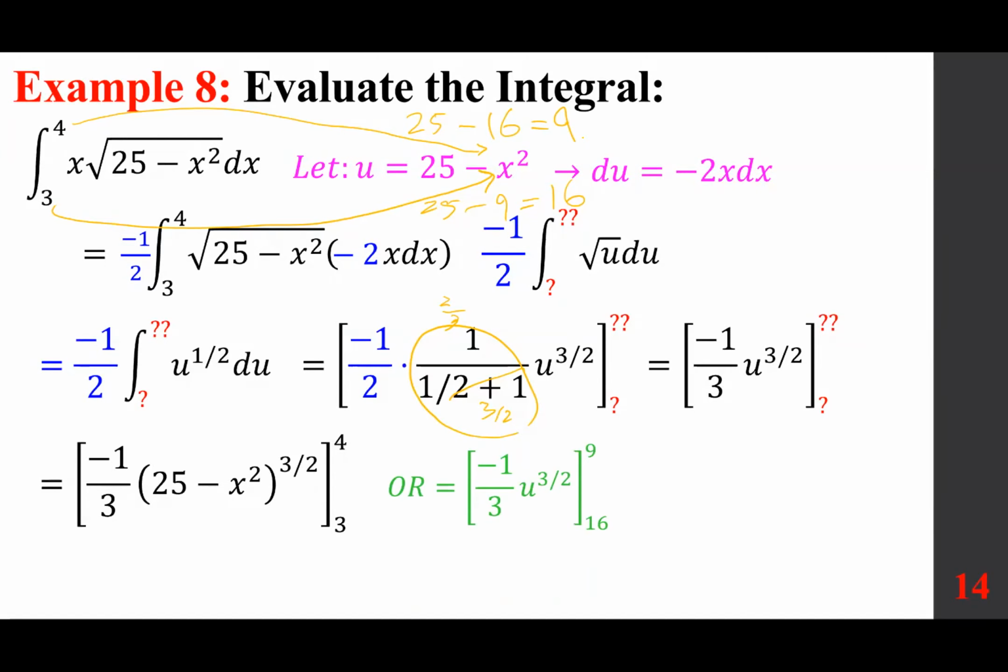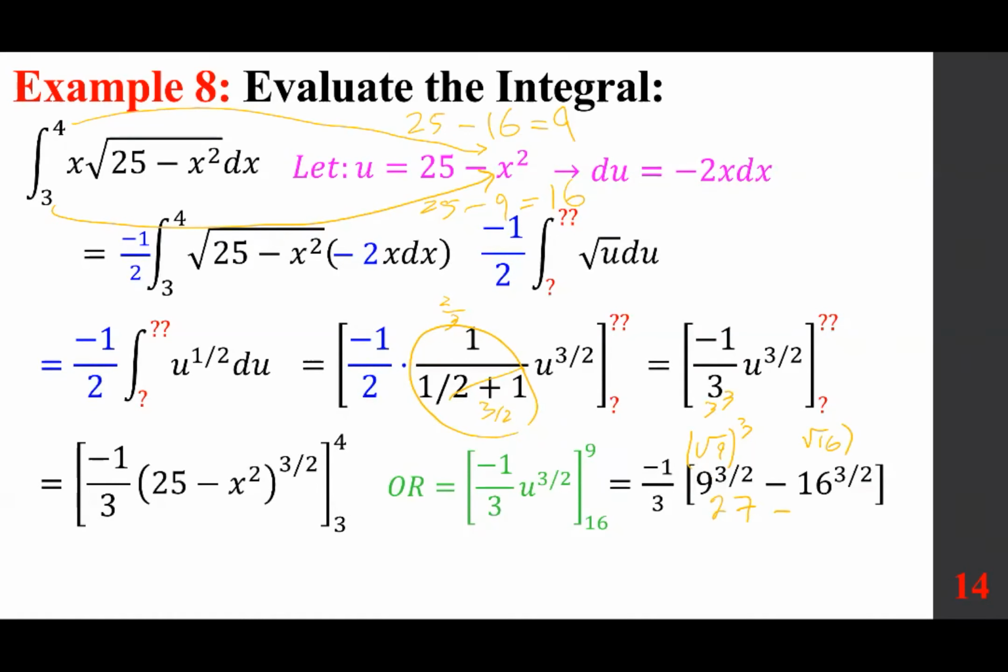Now we do the elementary algebra and we evaluate the function at the endpoints. So negative 1/3 times the brackets, 9 to the power of 3/2 minus 16 to the power of 3/2. This one is square root of 9 cubed, which is 3 cubed, which is 27.